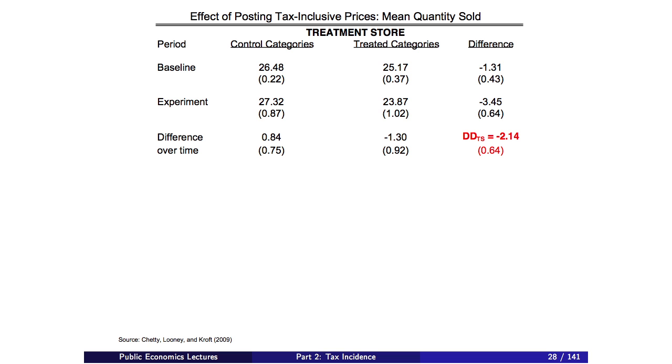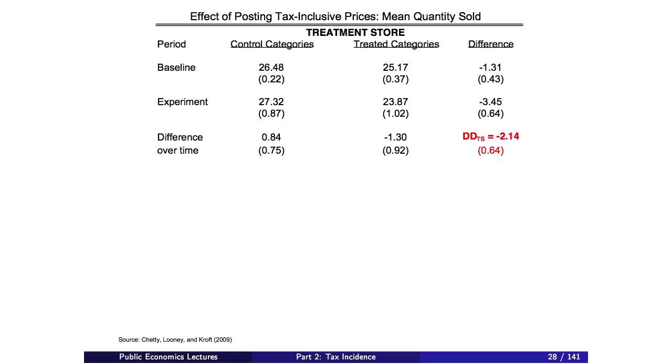So thinking about those treatment and control groups, let me show you how we analyze the data. What we're using is a quasi-experimental difference-in-differences technique rather than a pure comparison of treatment and control as you would in a randomized experiment. Why is that? This is not really a true randomized experiment because we did not individually draw which products we would tag and which we would not from a random number generator.